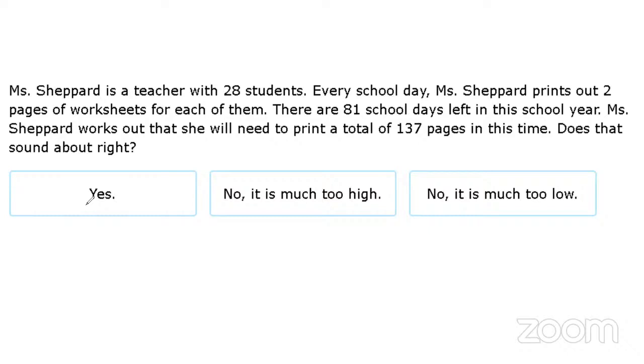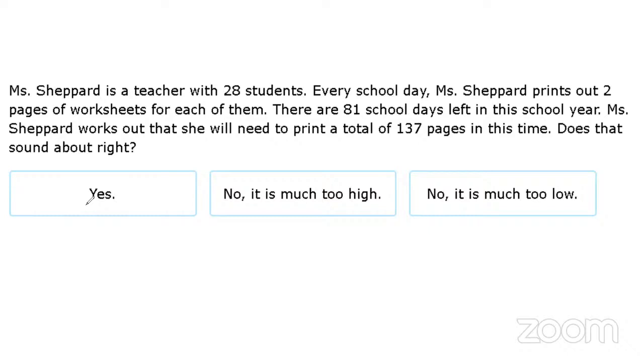In order to figure out our answer, we need to know what the actual answer is, or about what it is. Let me look at what Vashon is saying. He says C is the answer because if she has 28 students and has 81 days left, she must multiply 28 times 81 to get the pages she needs. But remember now, it also says 2 pages each day for each of them.